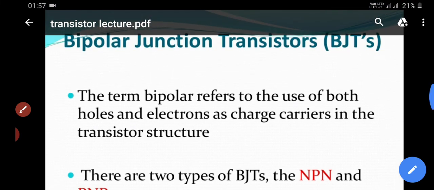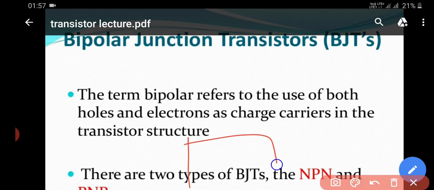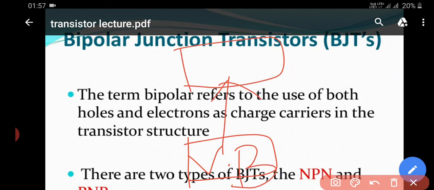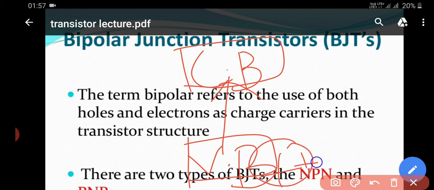Holes are formed when an electron from the valence band goes toward the conduction band. Here a hole is formed.